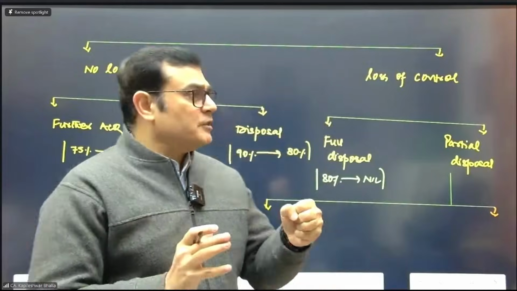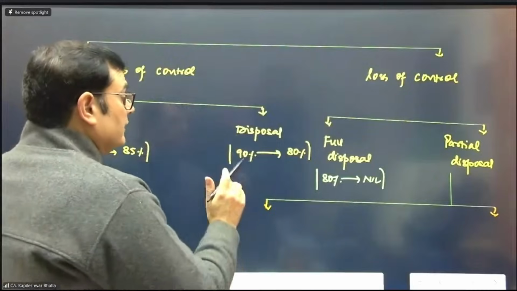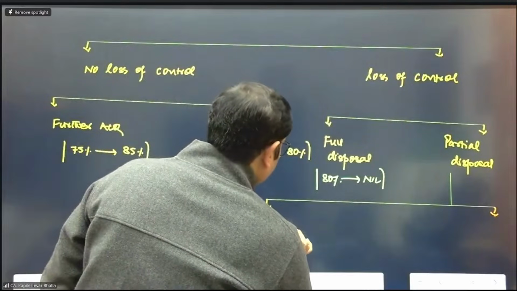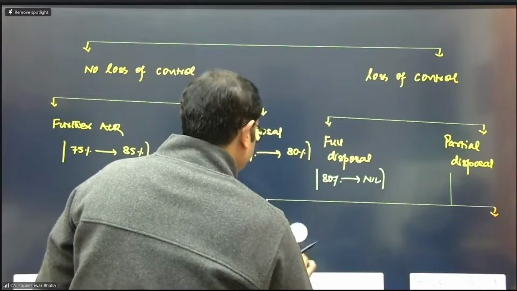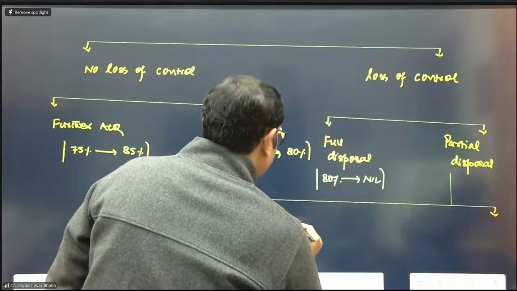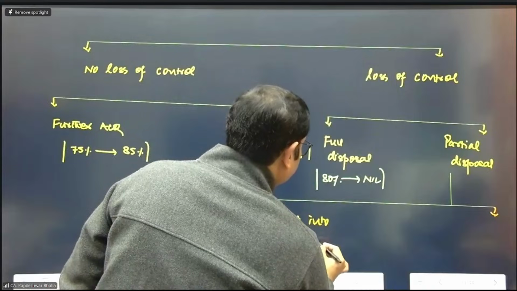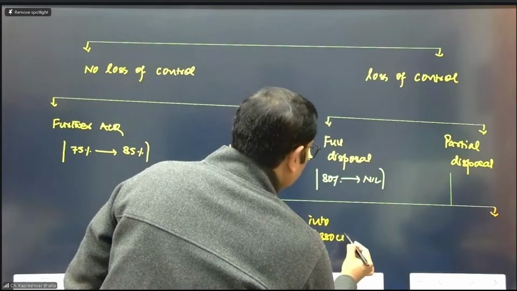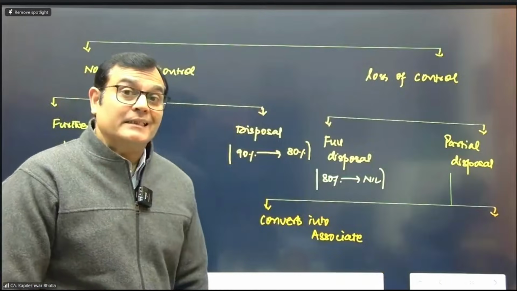And in this particular case, when you lose control, we can say that it converts into an associate company. So with partial disposal, you're out of Ind AS 110, but you enter Ind AS 28.